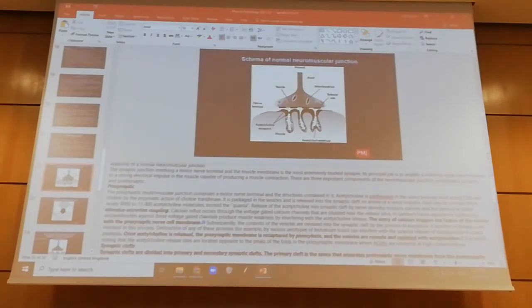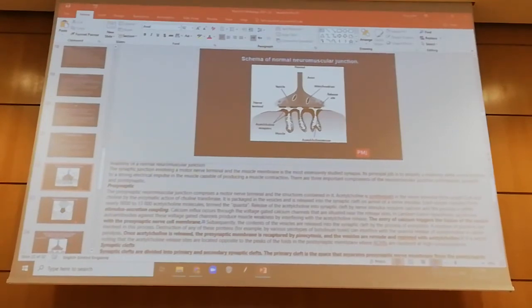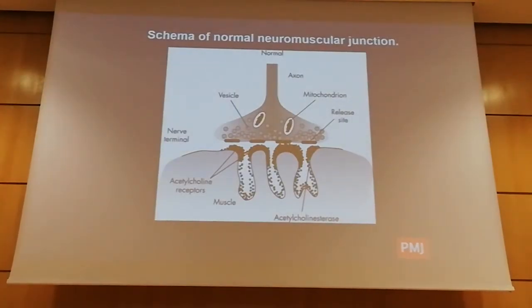It's called voltage-gated calcium channels. So the calcium would come from voltage-gated calcium channels, and those are located near the sites where the prepackaged acetylcholine is situated. Now, why am I bringing this up?